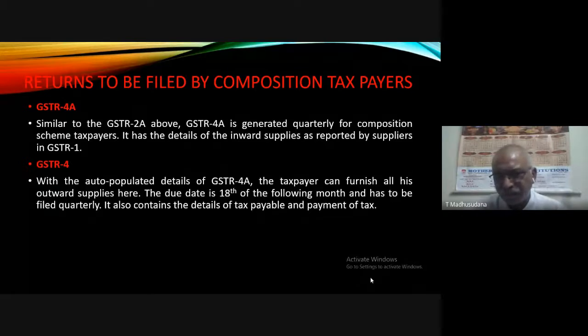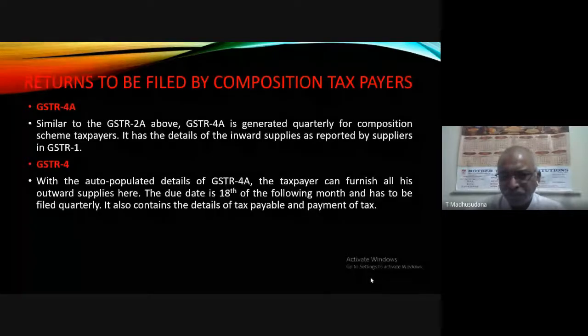For the last quarter, next year, December 31st. It also contains the details of tax payable and payment of tax. So in the GSTR 4, the total tax payable and the tax paid are shown.